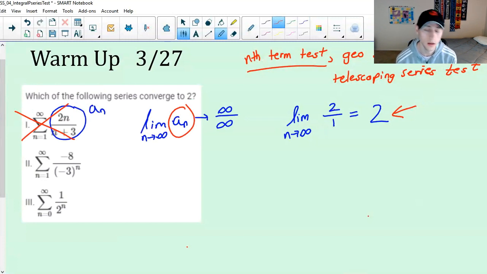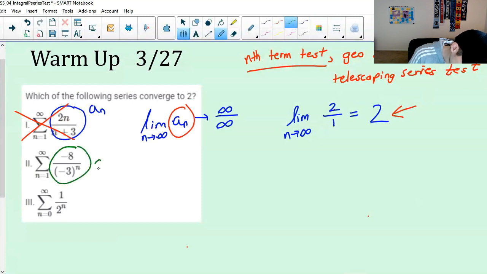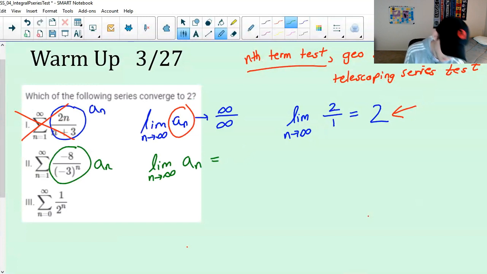All right. So for number 2, -8 over -3 to the nth power. So again, this is my a_n. Let me look at the limit. That denominator will just be increasing while my numerator stays -8.